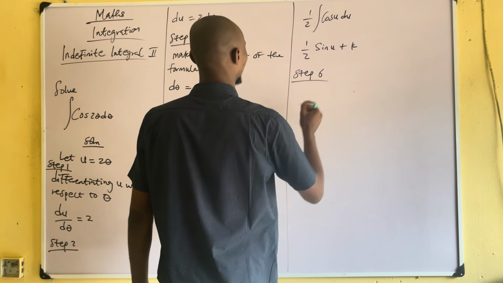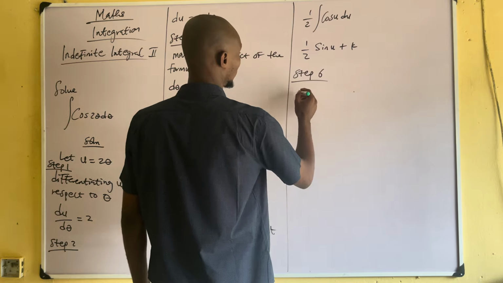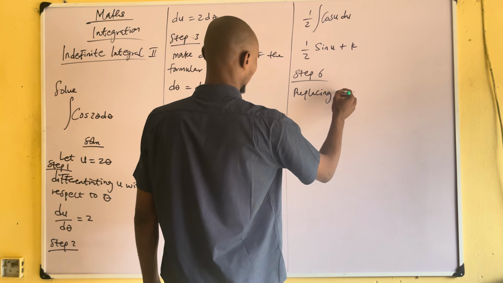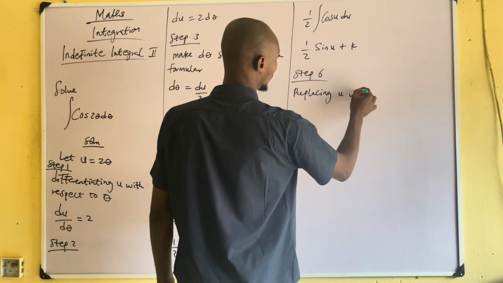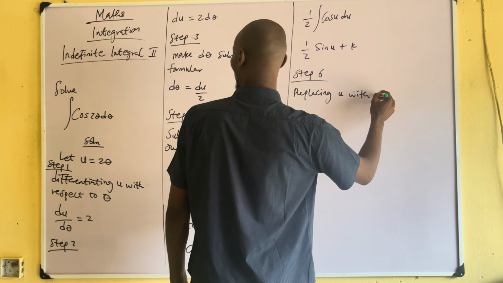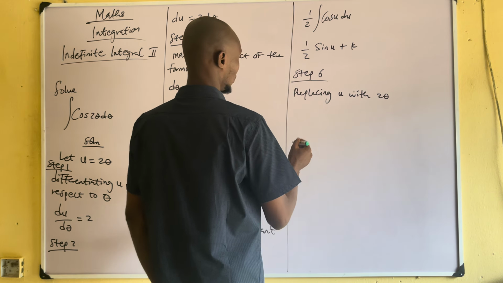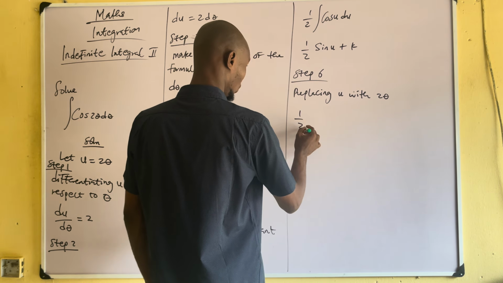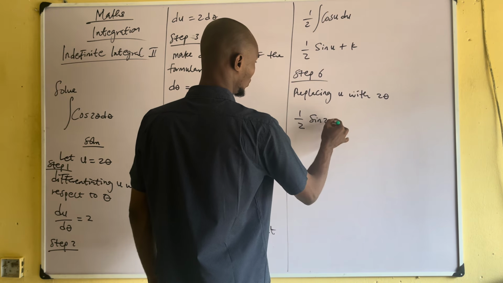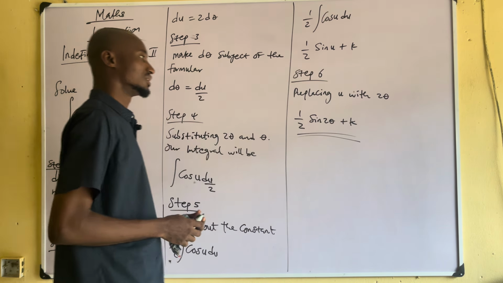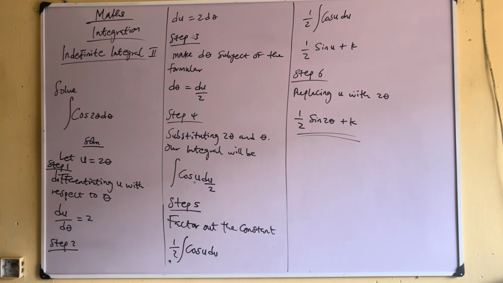Step 6, you say replacing u with what? 2 theta. So our final answer will be 1/2 sin 2 theta plus k. This is our final answer. So this is the concept of indefinite integral 2 you need to know.